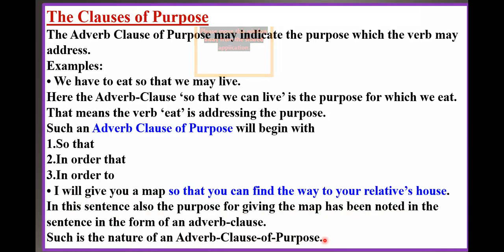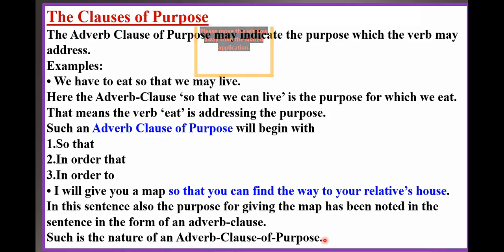So basically, are you understanding the difference between the clause of reason and the clause of purpose? Both of them are adverbial clauses. You have to remember this: yesterday we did the noun clause, which was serving the purpose of the noun in a sentence. Today we are doing the adverbial clauses. The adverbial clauses are the clauses that explain the verb, the function of the verb in a sentence.